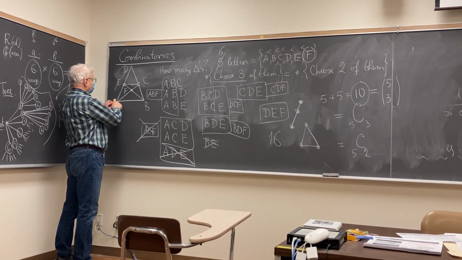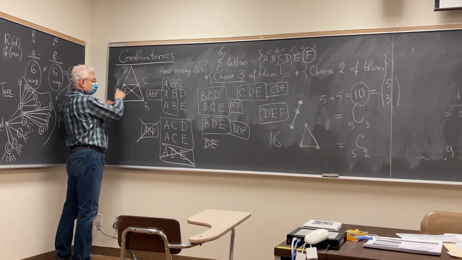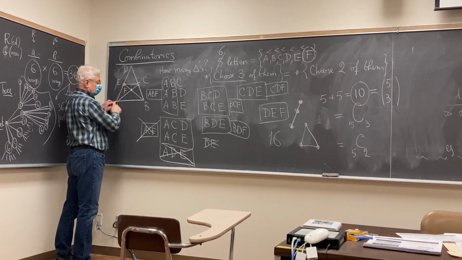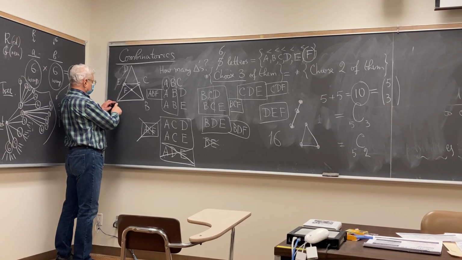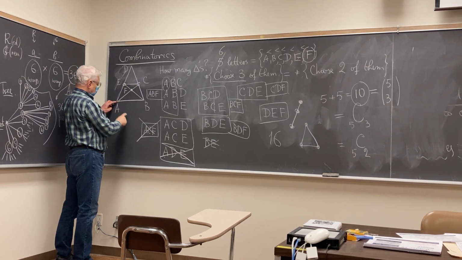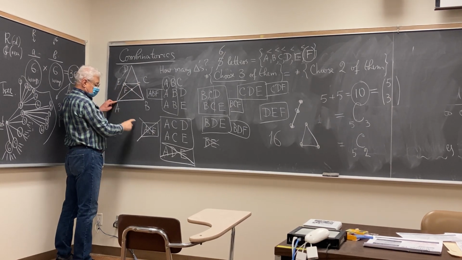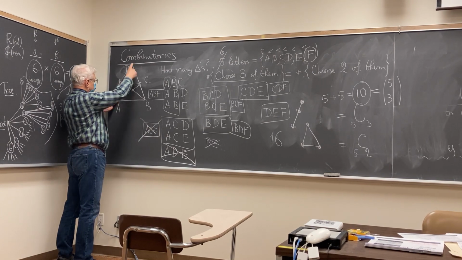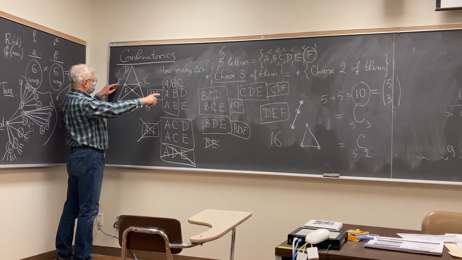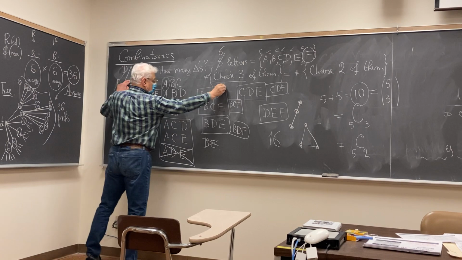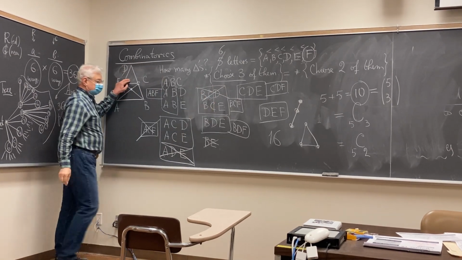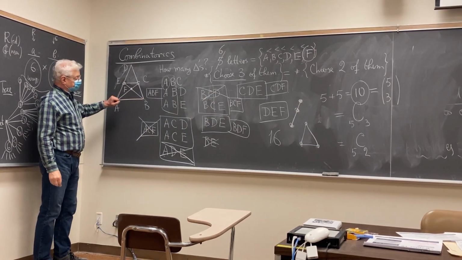ABC is good. ABD good. ABE good. ACD good. ACE good. ADE we already removed. BCD must be removed. It's not a triangle, it's just 3 points on the same line.